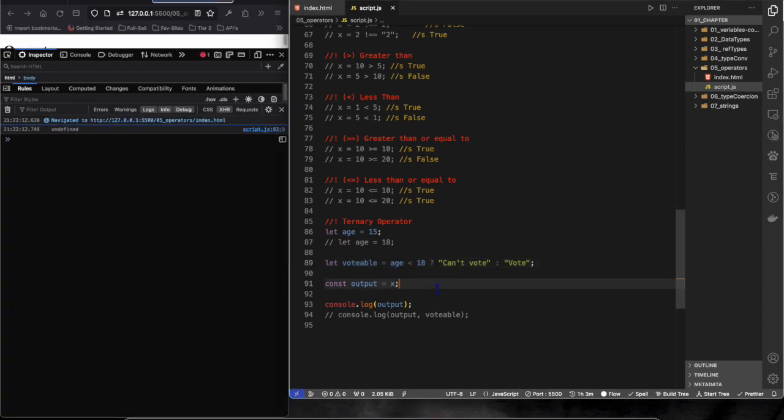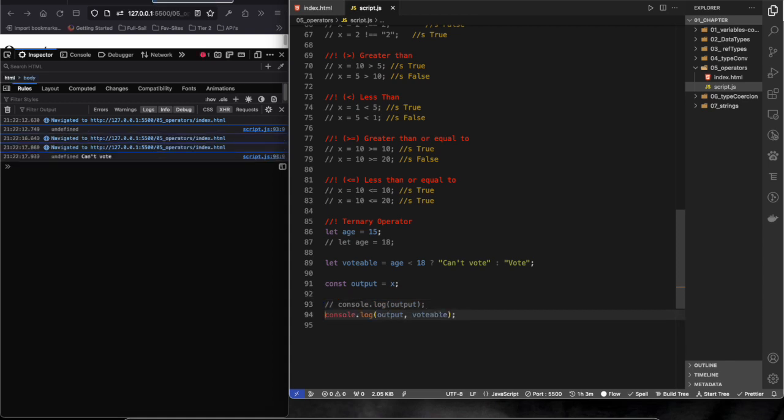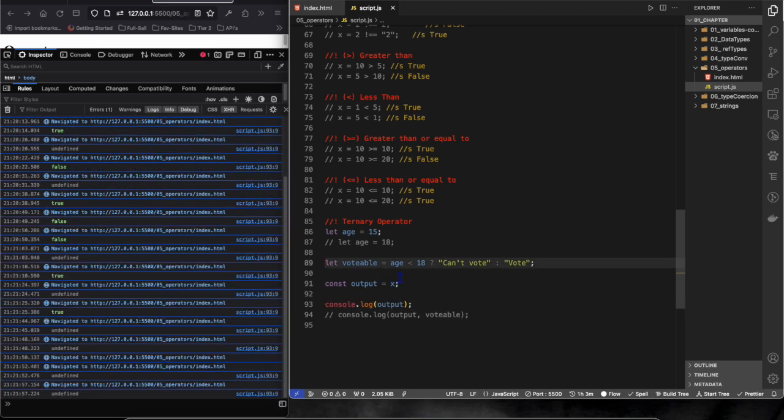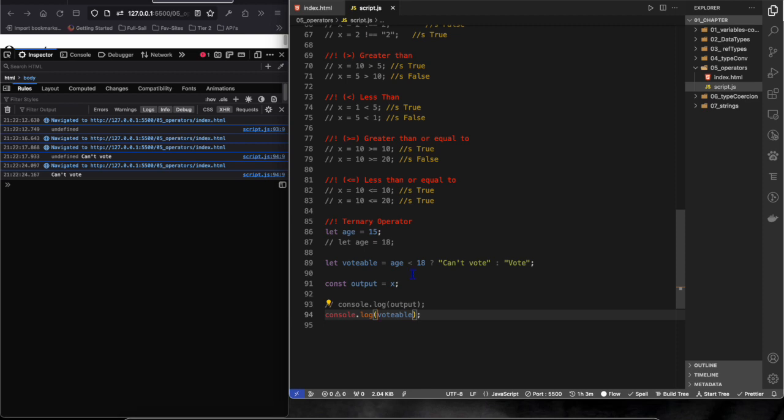Now for our ternary, let's log out another statement. Have let age equal 15, right? And we'll write a ternary, which will be let votable equal age is less than 18, question mark, can't vote, 2 dots, vote. So what happens here is, if your age is 15, you can't vote.